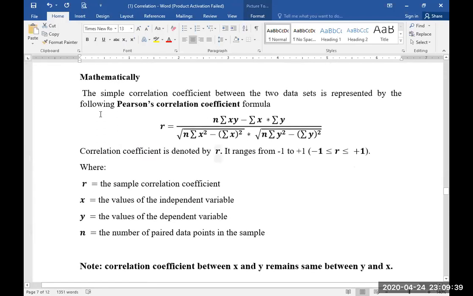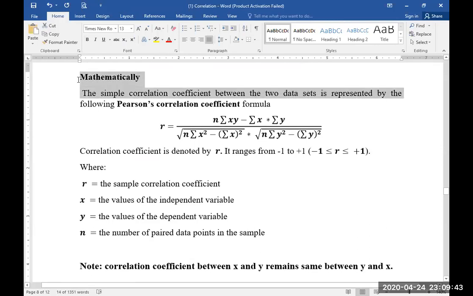Mathematically, the simple correlation coefficient between the two data sets is represented by the following Pearson correlation formula.